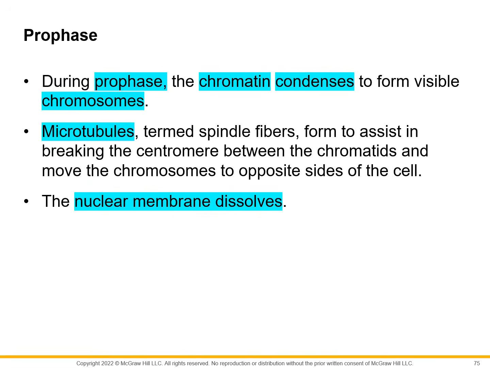First stage is the prophase. This is when the chromatin condenses to form visible chromosomes. So dito po, ang main organelle that is involved is the microtubules. So the microtubules would assist in the breaking of the centromere, and then they would move to the opposite sides of the cell.